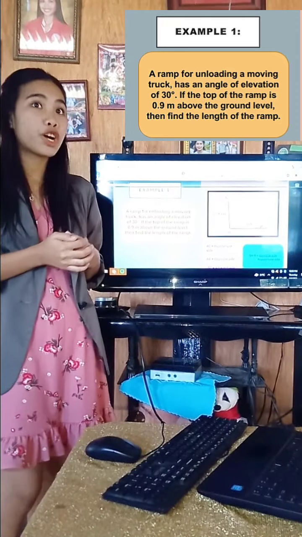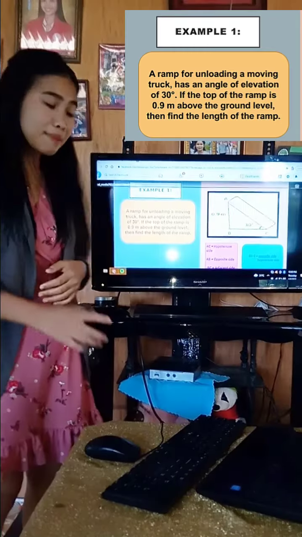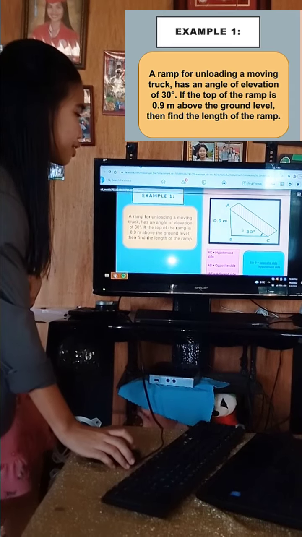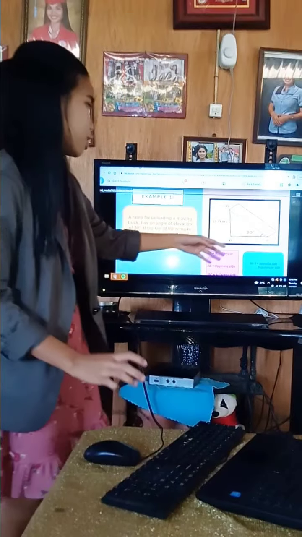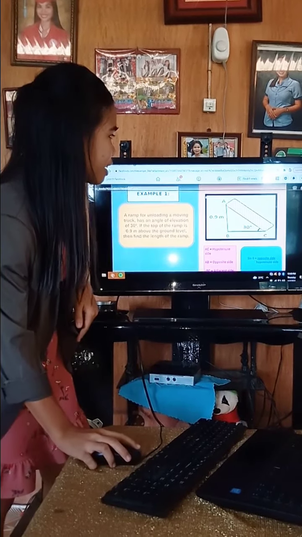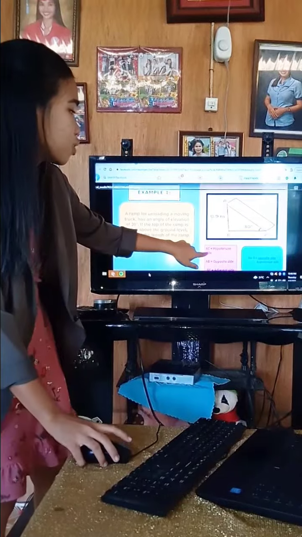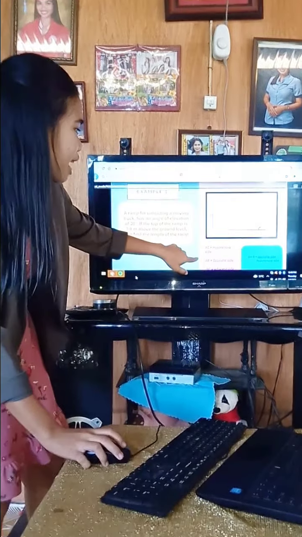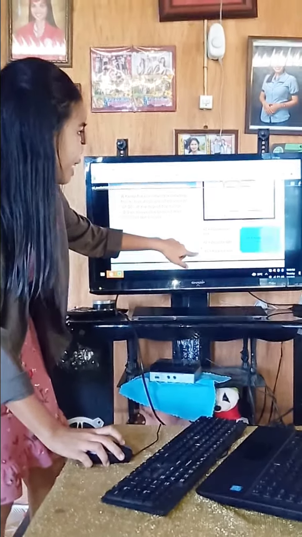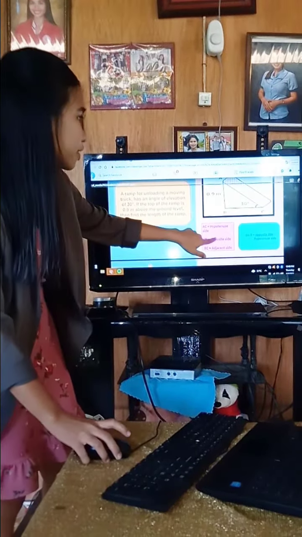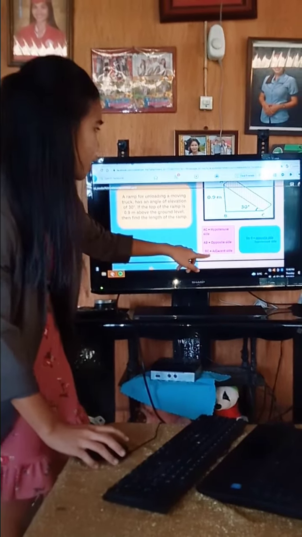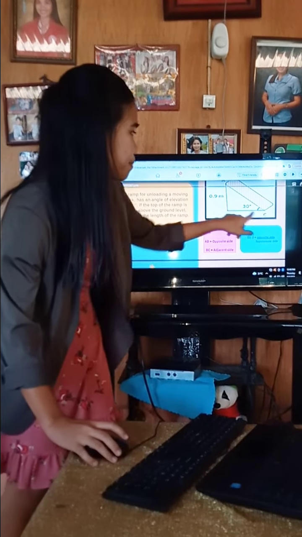Since we are going to find the length of the ramp, here is the figure. As we can see in the picture, AC is the hypotenuse side, and the side AB is the opposite side, which measures 0.9 meters, and the adjacent side is the side BC.